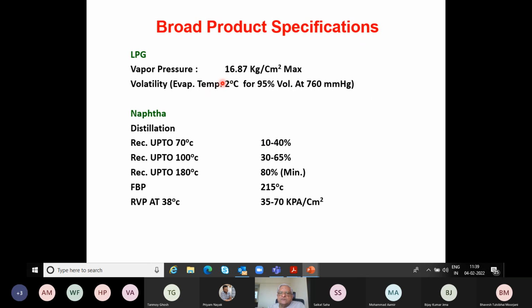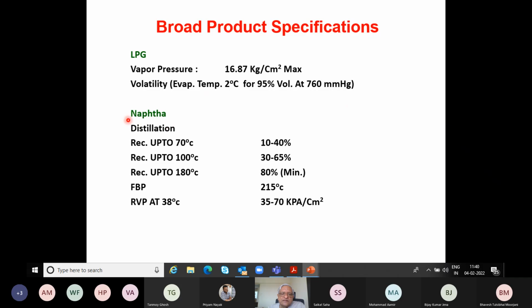The vapor pressure is a specification of LPG, just to make sure that you don't have a significant quantity of light components like ethane. So lower vapor pressure means... sorry, the other way around. Higher vapor pressure means that you have C2 content in that as well, and of course the C5 content.